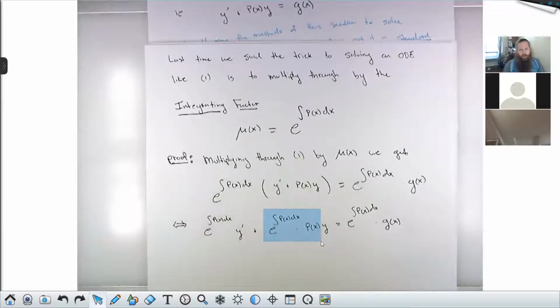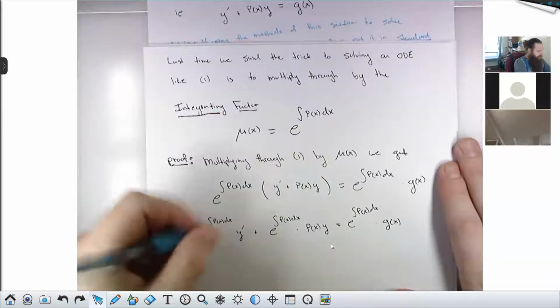I'd like you to try and recognize this piece right here. It's the interaction when you distribute this term over this addition. It's the interaction between the integrating factor and the p of x times y term that makes the special stuff happen. So this is just mu of x times y prime plus something interesting times y.